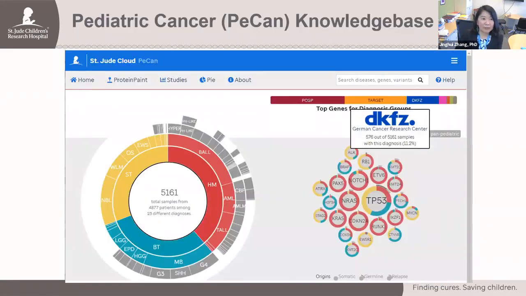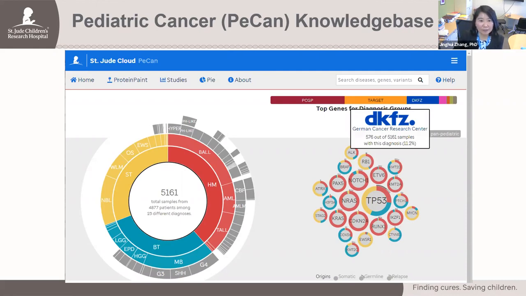So now the cis-X program is available to anyone who wants to utilize this analysis pipeline to analyze their own data. I want to switch gears to the pediatric cancer knowledge base.